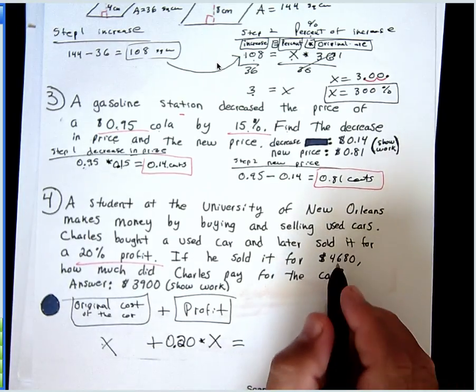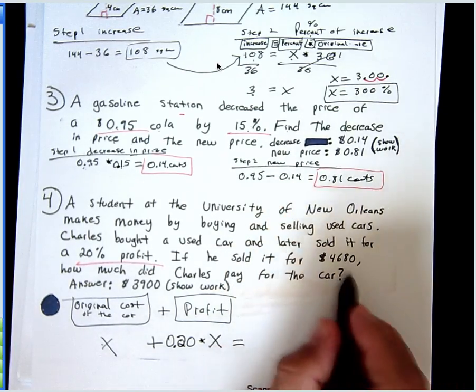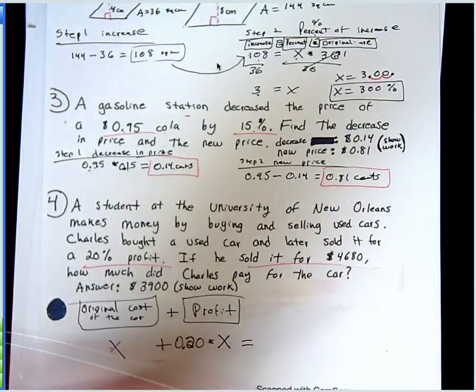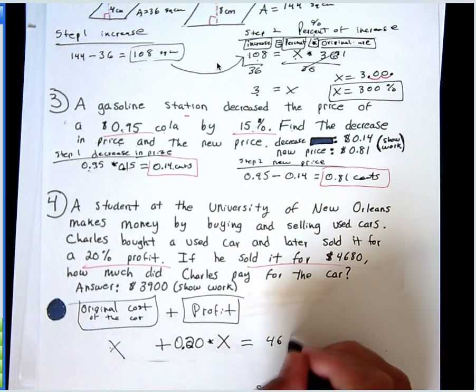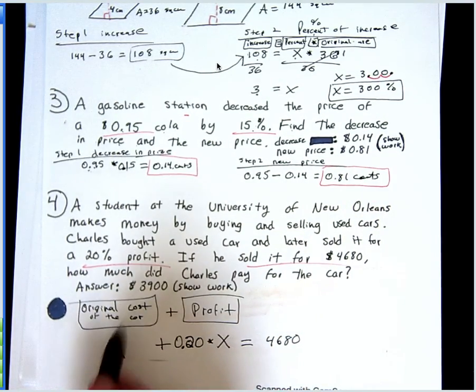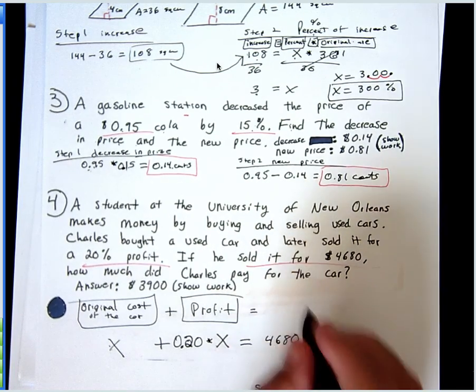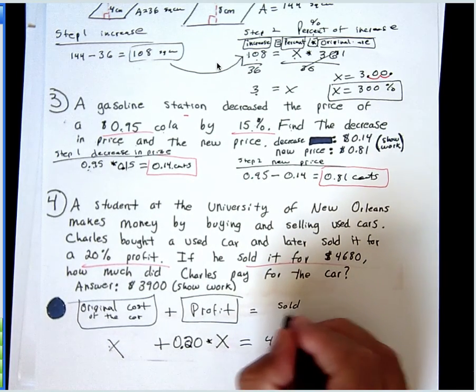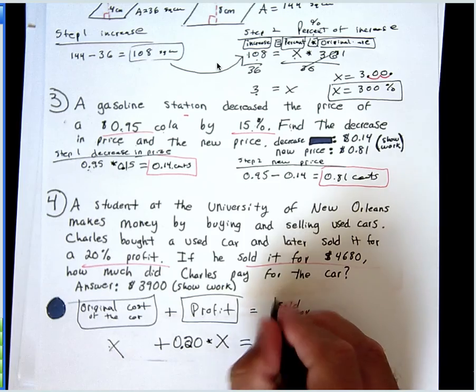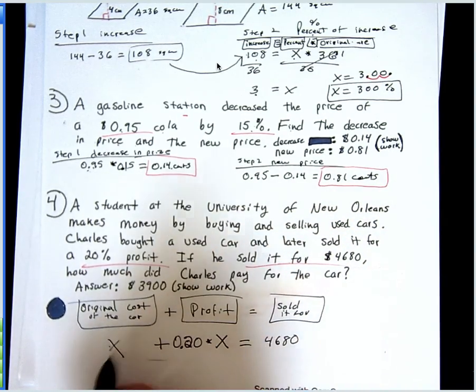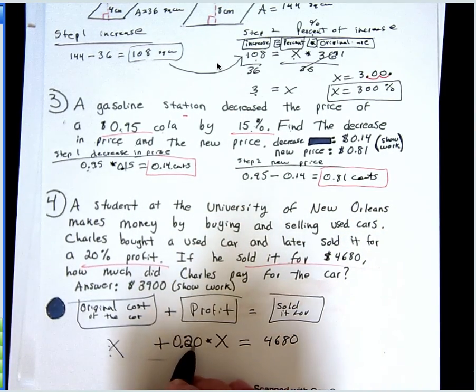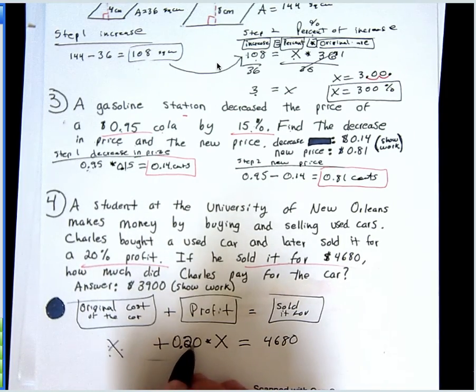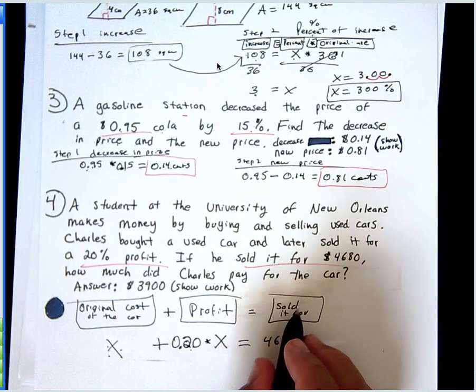How much did he sell it for? He sold it for this amount. So that one goes on this side. So again, this is the original cost, we don't know. And this is how much he sold it for. So original cost, we don't know, plus the profit of that original price, which is 20% of the original, and sold it for this.